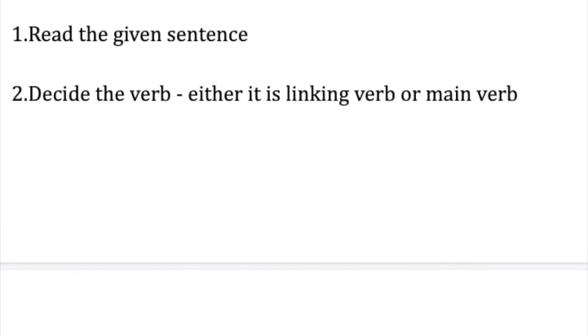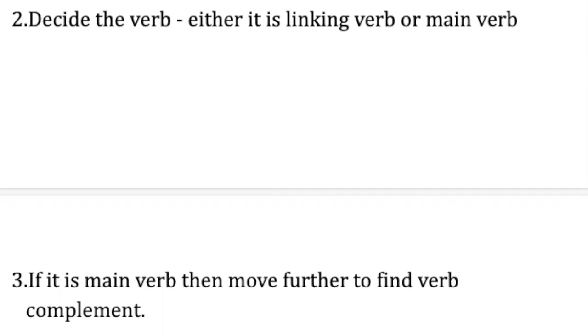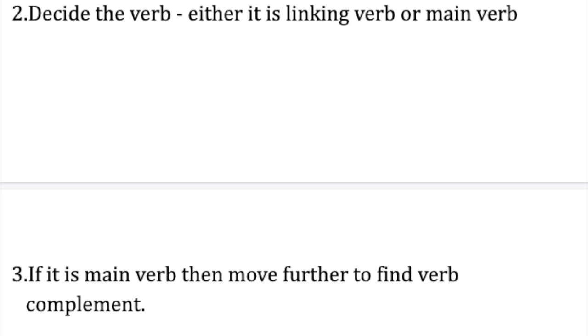And if you have found the main verb, it means you're looking further to find the verb complement, because a main verb is followed by the verb complement. Now, what do we mean by verb complement? It means in that sentence, you are going to find either the direct object or the combination of direct object and indirect object.